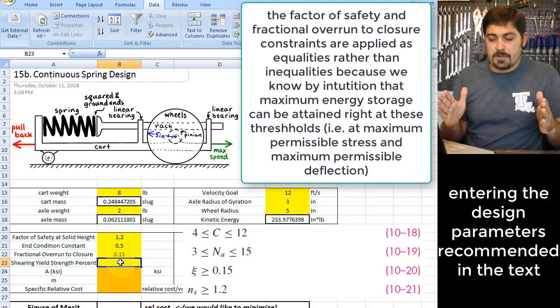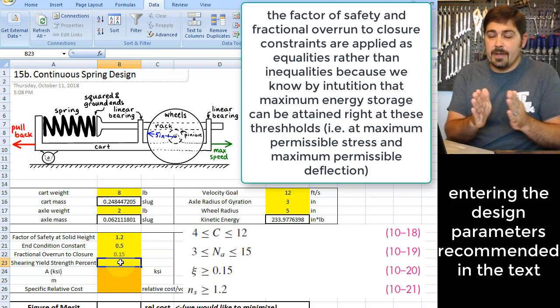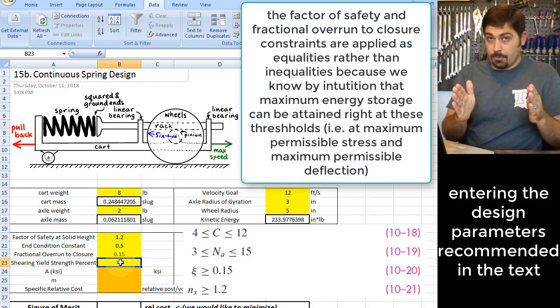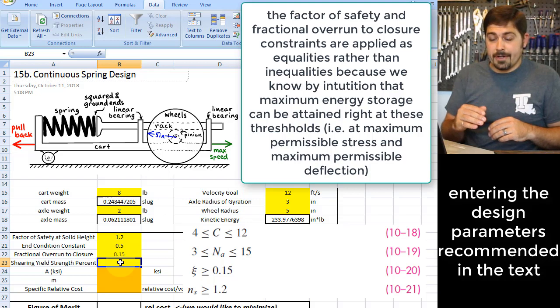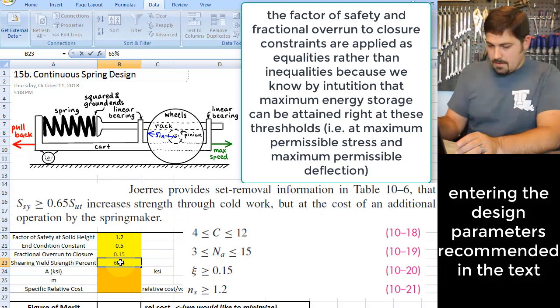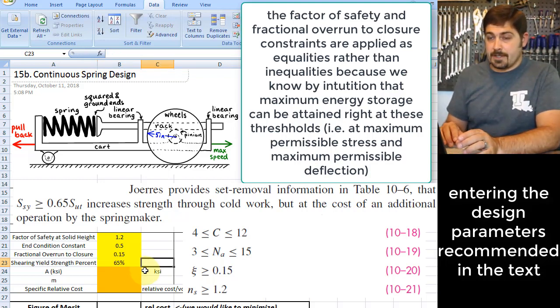But that's done so that a second manufacturing process could be done where you intentionally crunch the spring down and plastically yield it a little bit when you crunch it down to its solid length, and then when it comes back out, it achieves its final length that you were going for. This makes the spring stronger, and it actually allows us to use a different percentage here, and that percentage is 65%. Okay, and if you want to know where that comes from, there's a discussion in the book. I tell you what, I'll get to that here in just a few minutes.